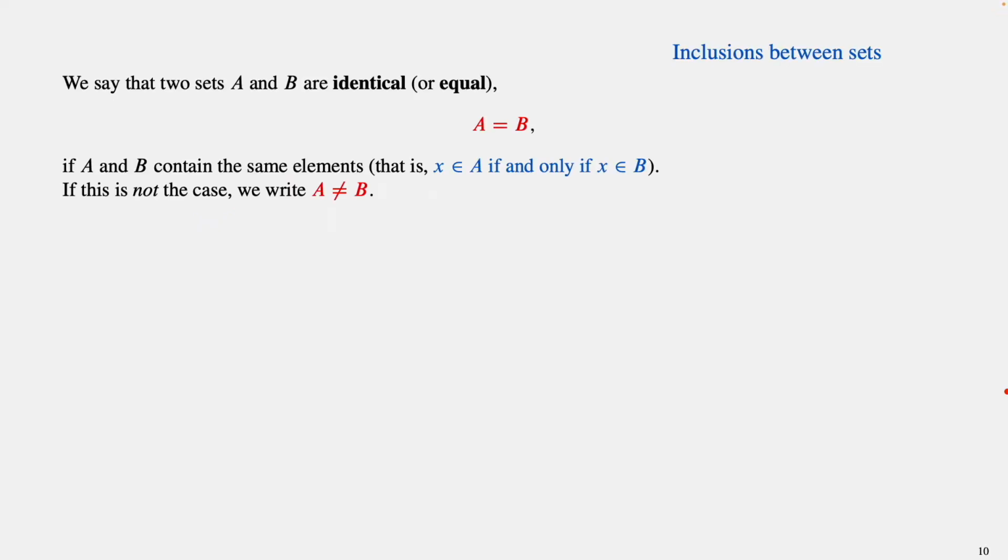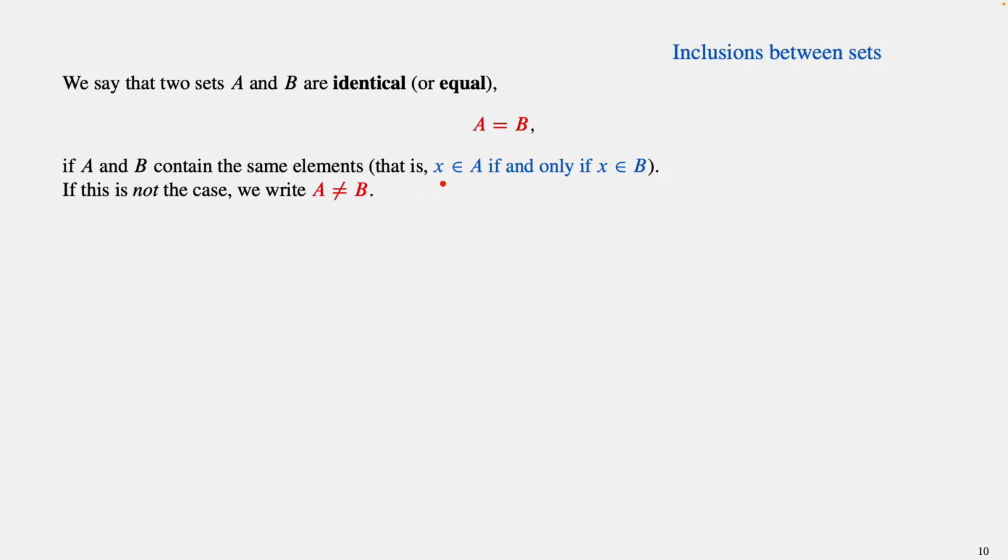Now we look at operations on sets, and as I said before, these operations mirror the logical operations we have encountered in previous videos. First, something that may seem rather obvious. We say that two sets A and B are identical or equal, written as you would expect it, if A and B contain the same elements.